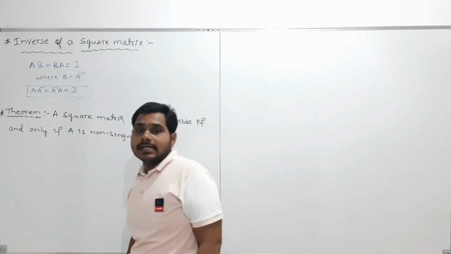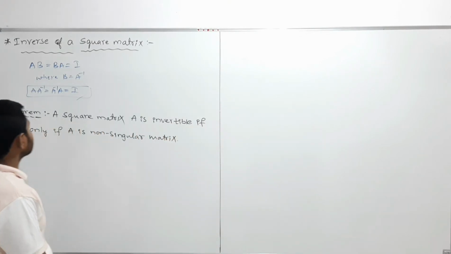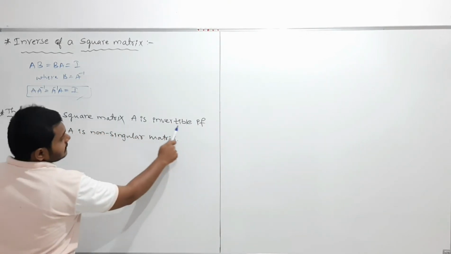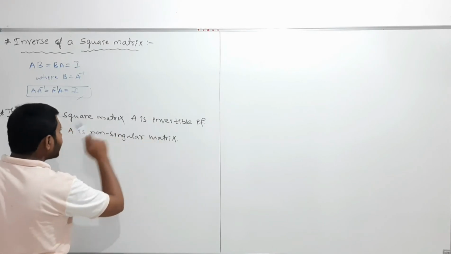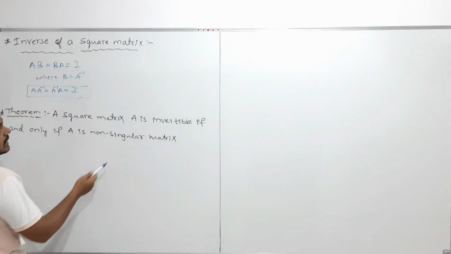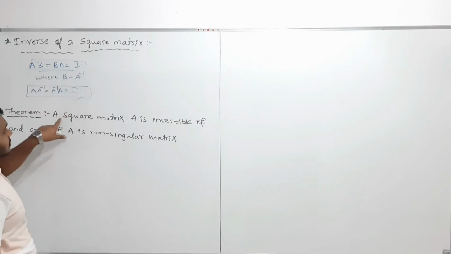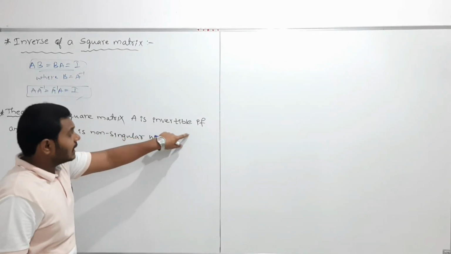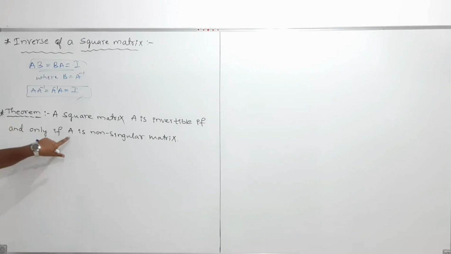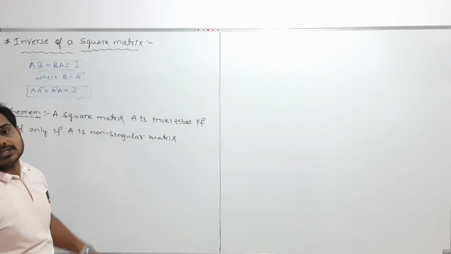So what is the theorem here? The theorem is, my students, a square matrix A is invertible. A is invertible means what? Here in this case A is called invertible. So a square matrix A is invertible if and only if A is non-singular.